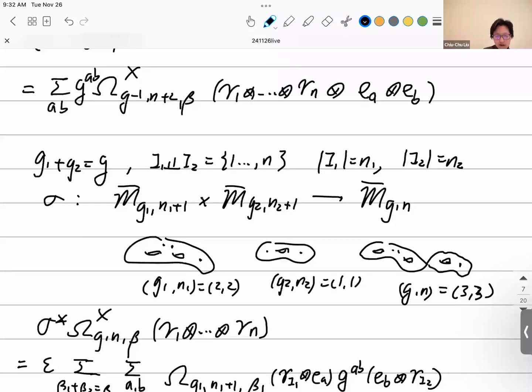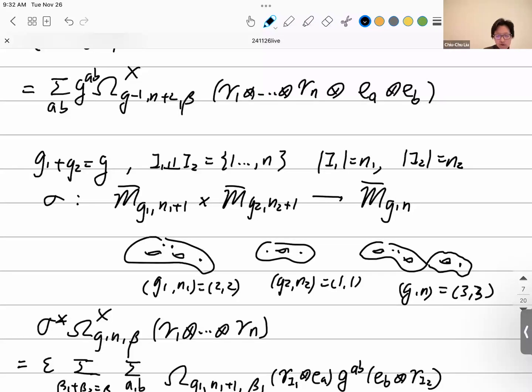You have marked points x1 to xn, and you take I1 and I2, which are subsets of 1 to n such that their disjoint union is 1 to n. Let n_i be the size of I_i, so n1 plus n2 is equal to n, and g1 plus g2 is equal to g.